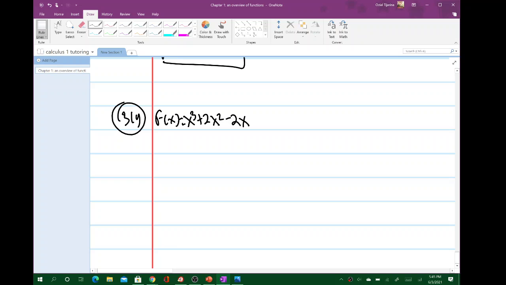To find the degree of the polynomial, again, like I said, it's the highest power of x, so the degree here is 3.